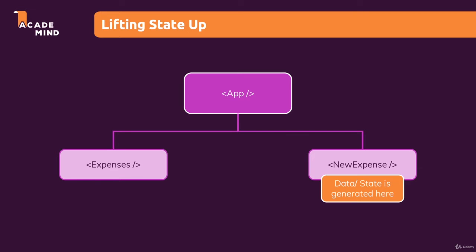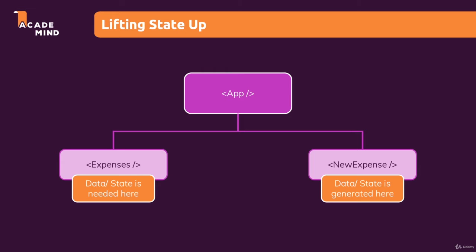Now, it is quite common that you do generate or fetch data in a component, but that you might not need that data in that component. Instead, we need it in another component, in the expenses component. That's where this generated data is needed in the end. Slightly transformed, packed into an object, but it is the data we fetch in new expense.